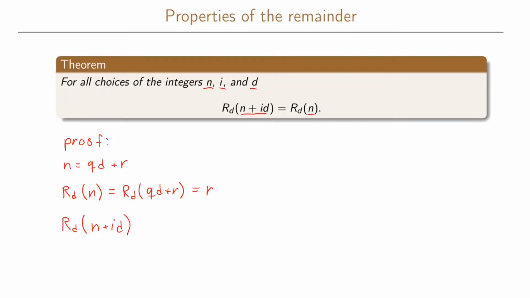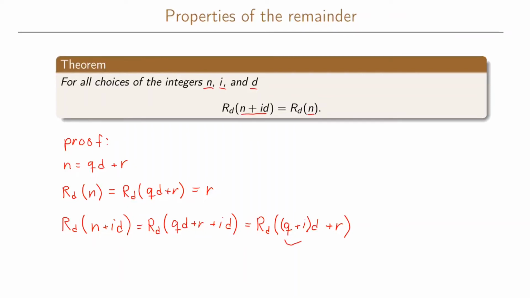So we can write n plus id. Instead of n we use what we had before, qd plus r, and then we still have plus id. Now we collect all our d's, so we have q plus i times d plus r.